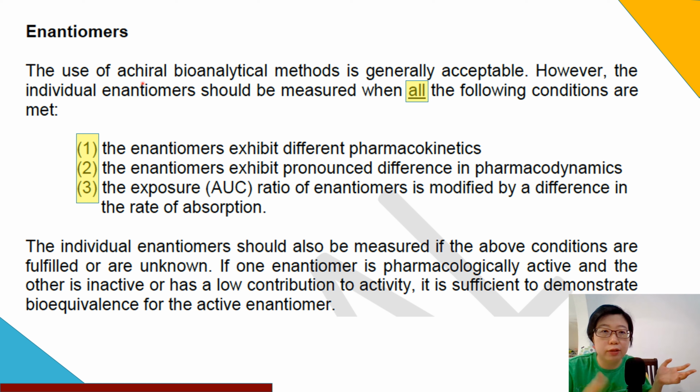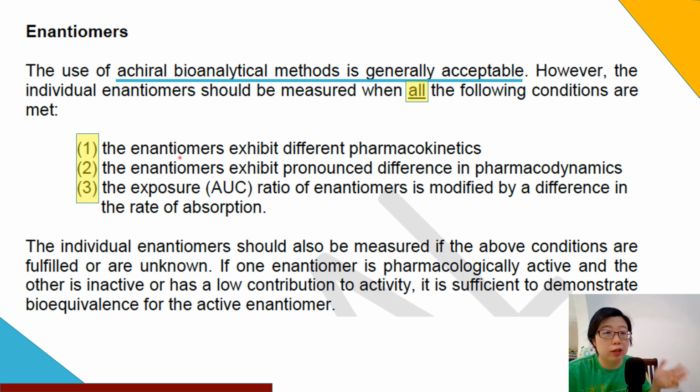So we use achiral bioanalytical methods, whereby we just combine the data on their concentration. However, under very, very rare examples, the individual enantiomer concentration will have to be measured separately. So the guidelines actually specify 3 particular criteria, and all 3 need to be fulfilled. It's not that we just need to fulfill 1 or 2 criteria only, but it has to fulfill all 3 of them. So what are the 3 of them?